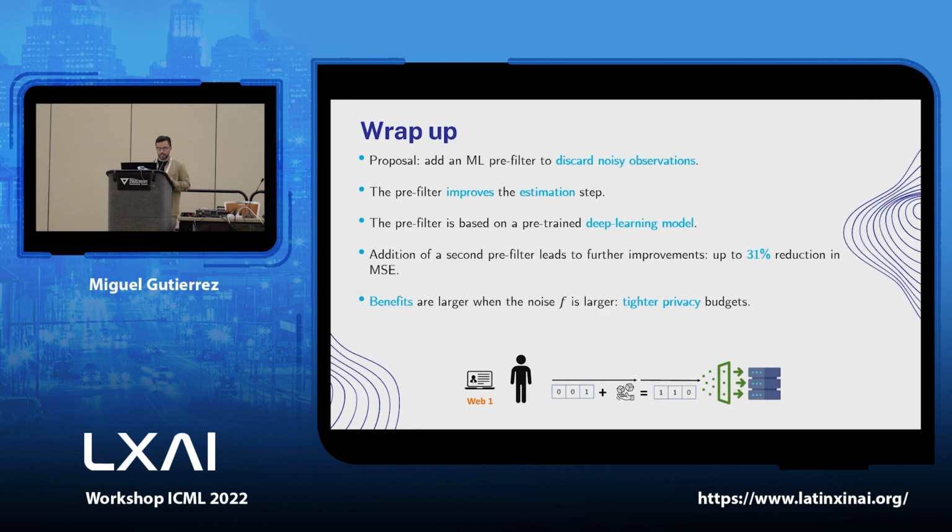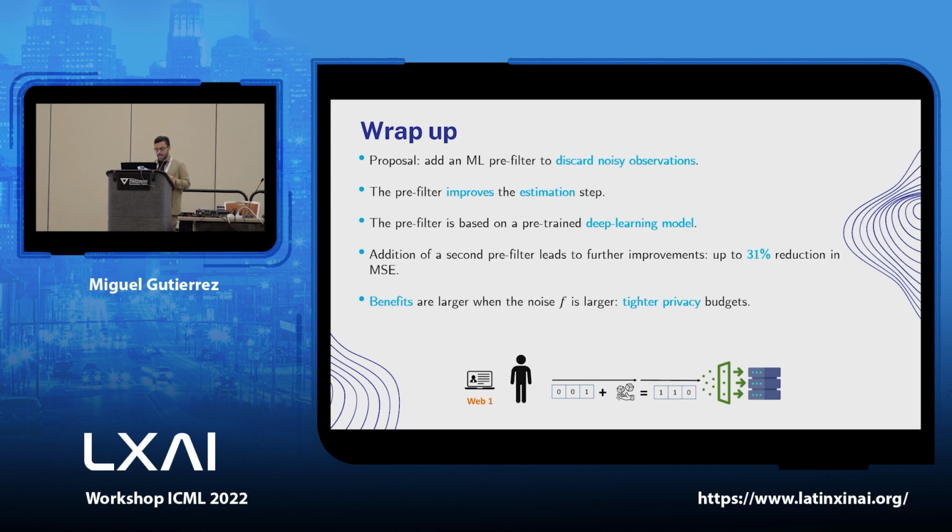Just want to finalize with a wrap-up. What we propose is to add a learning model pre-filter to discard noisy observations. These pre-filters improve the estimation step. The pre-filter is based on a pre-trained deep learning model, and we can reduce the mean square error by up to 31%. And benefits are larger when the noise f is larger.